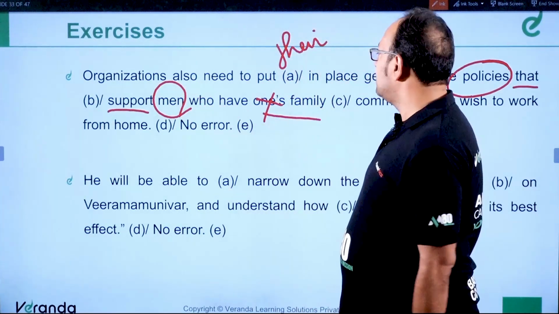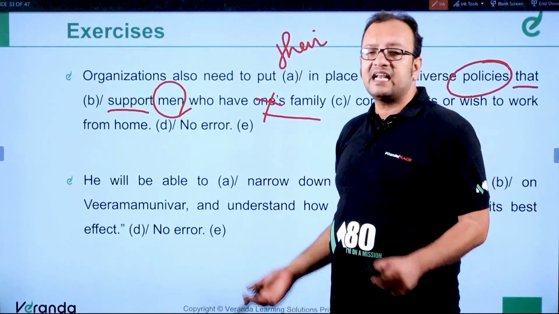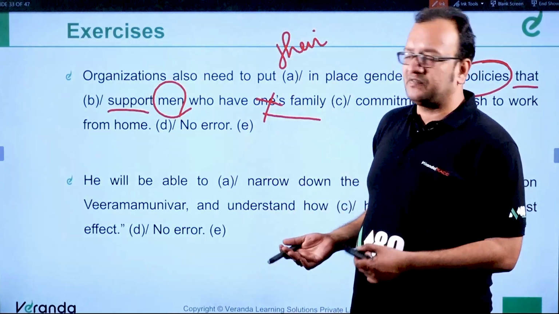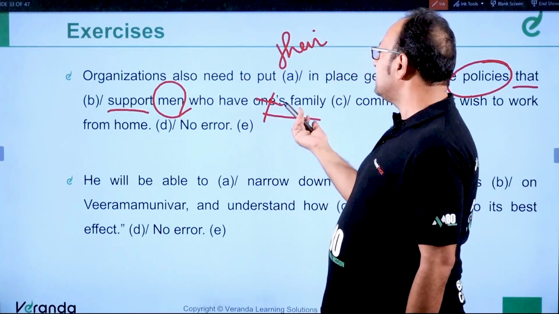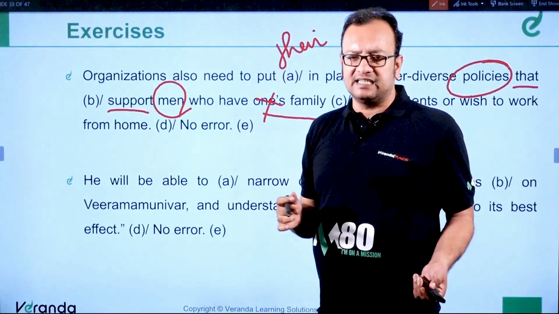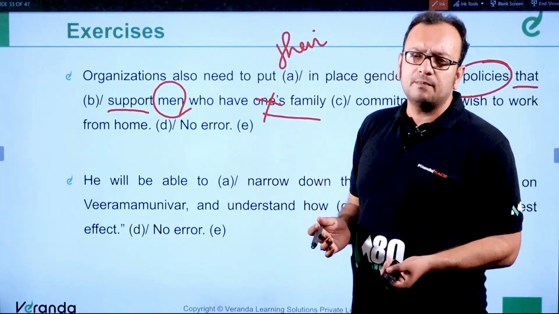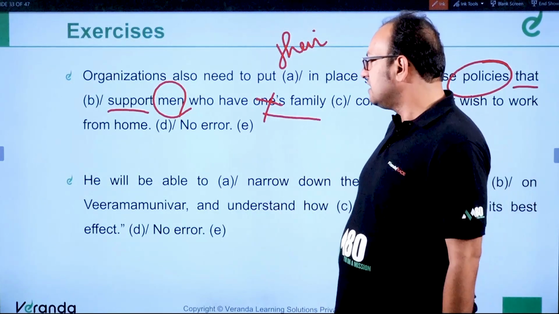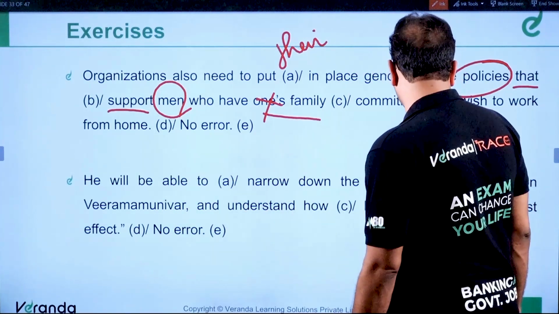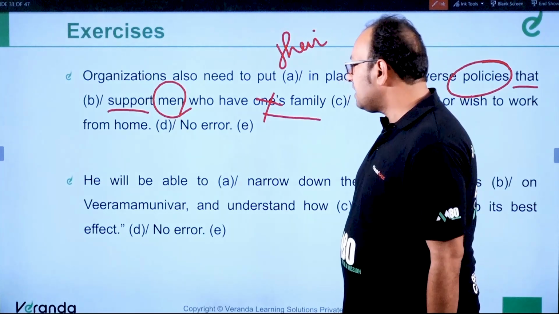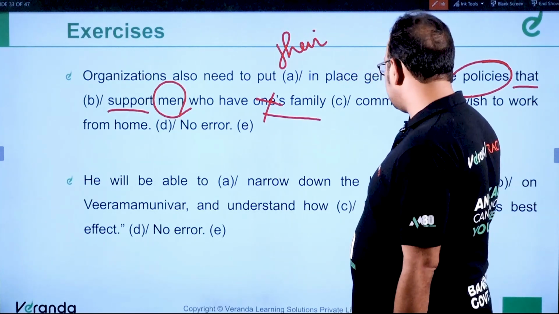One's is an indefinite pronoun of the possessive case. So here it should be men followed by their, because it's a plural entity and we are talking about a plural possessive determiner. Clear? Okay.